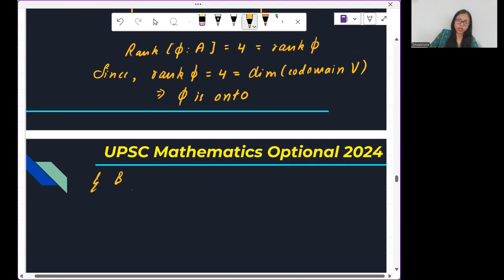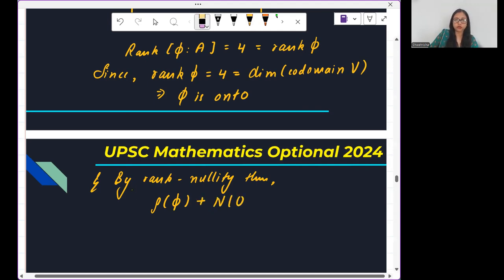and by the rank nullity theorem, rank phi plus nullity of phi is equal to 4. So nullity of phi is 0.